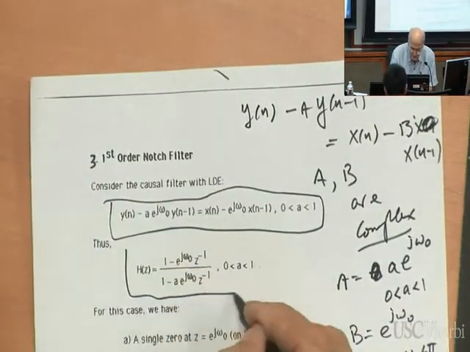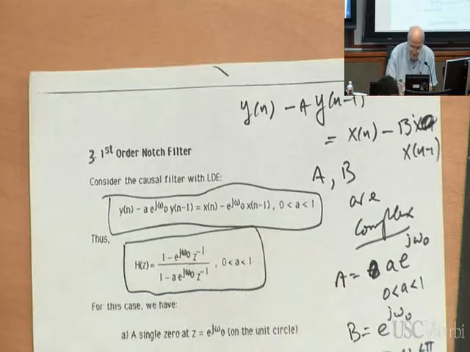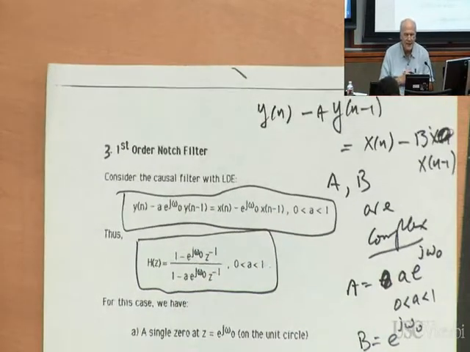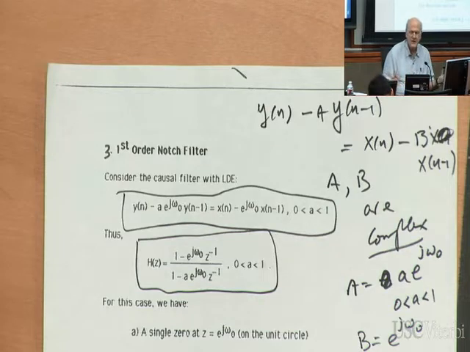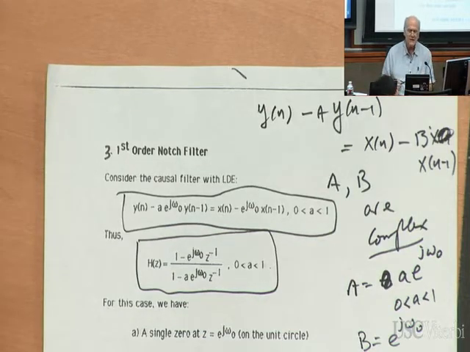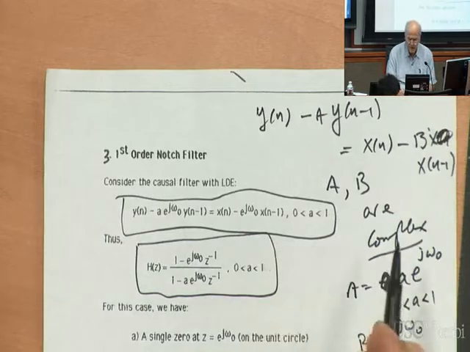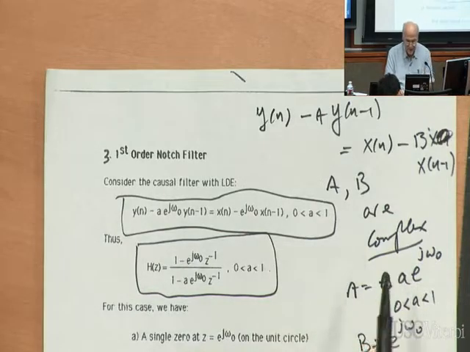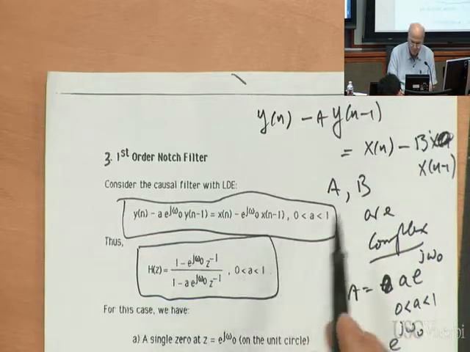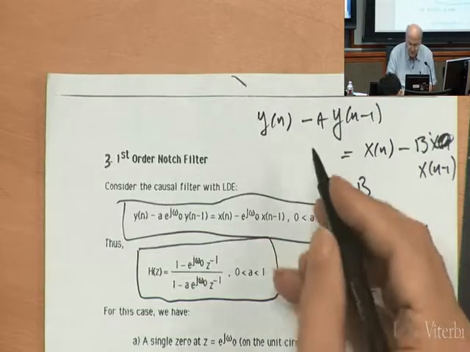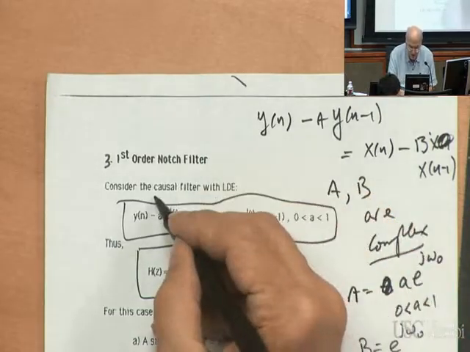And here it is. The first thing you want to look at when you get a filter like this is, well, there are a lot of things to look at, the frequency response and so on. Another thing too, I should say, is that this is causal.